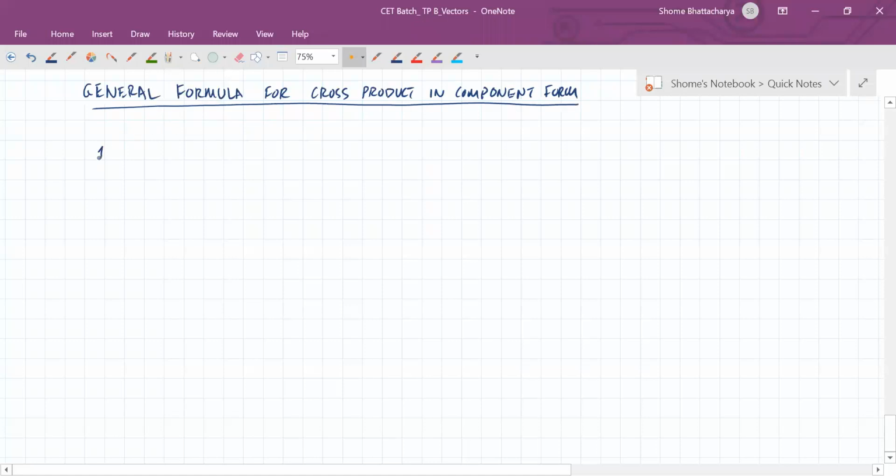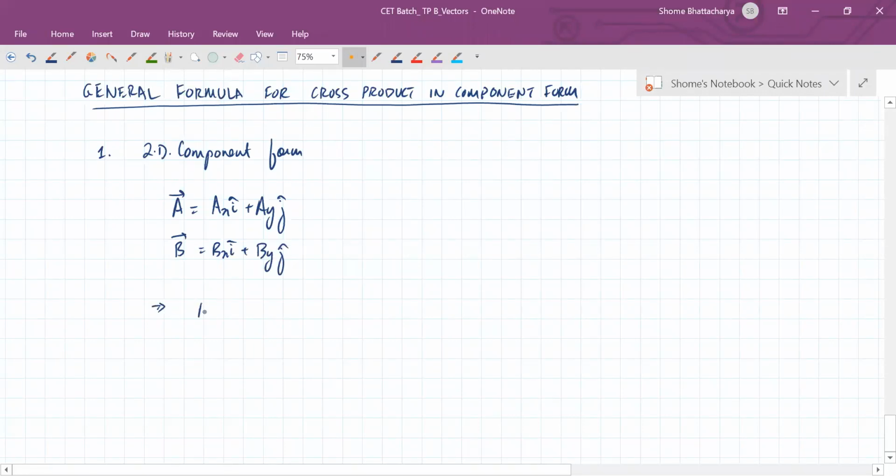So first we will start with the two-dimensional component form. So if we have the vector A, which is having Ax and Ay as x and y components. Okay. So A cross B.